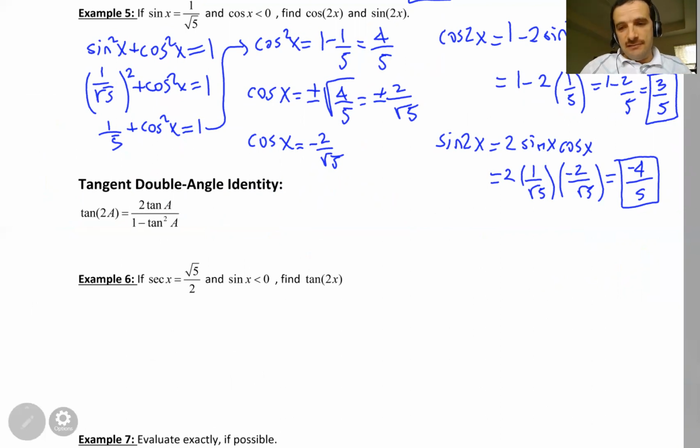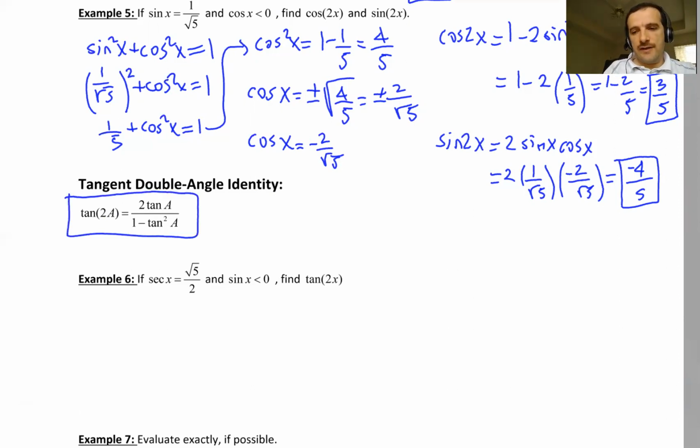And again, we are using the sum formula for tangent. Remember, tangent of A plus B is tangent A plus tangent B over 1 minus tangent A times tangent B. But in the setup here, we have 2A, so it is tangent of A plus A. So if you just substitute A for B in the formula that I just gave you, you will get this identity, okay?